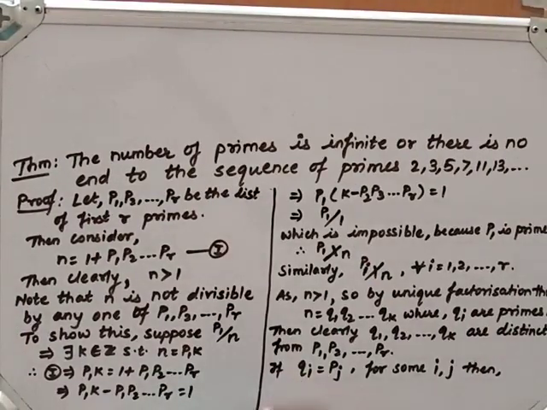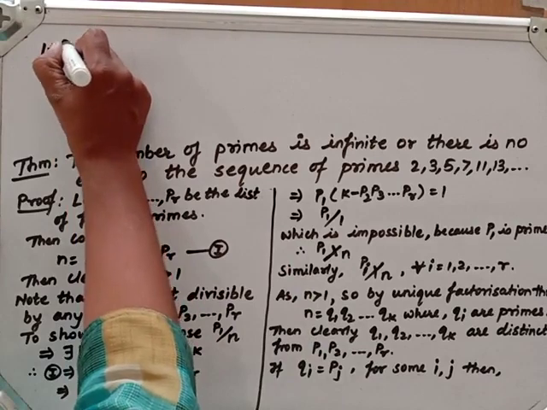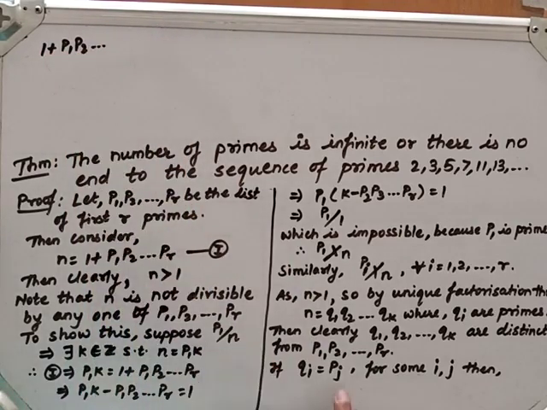Then 1 plus P1, P2, so on up to what we have assumed, Pj equal to qi.